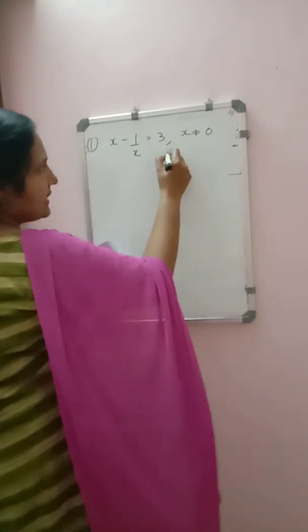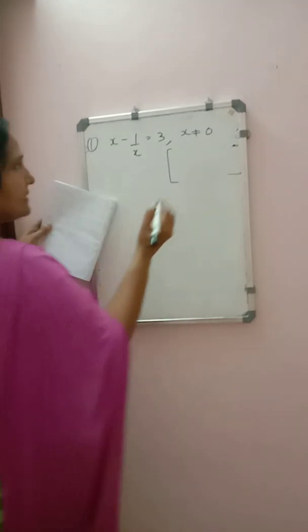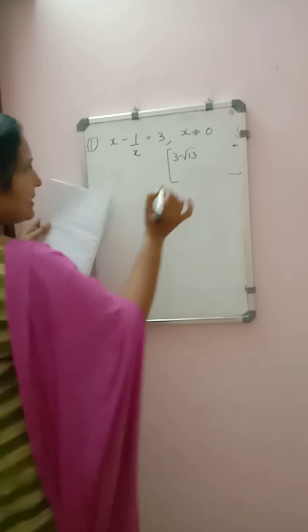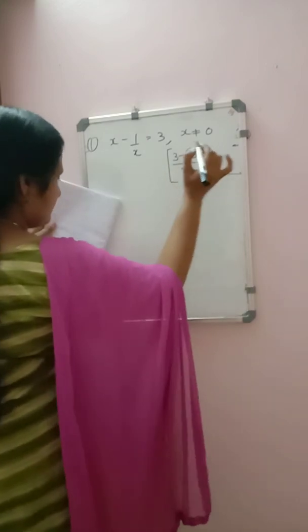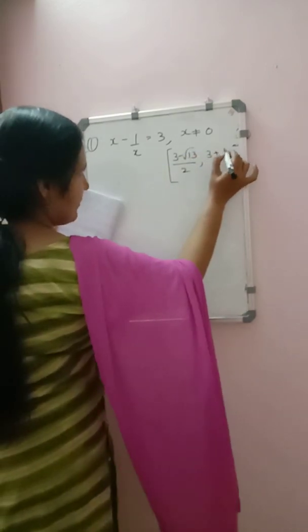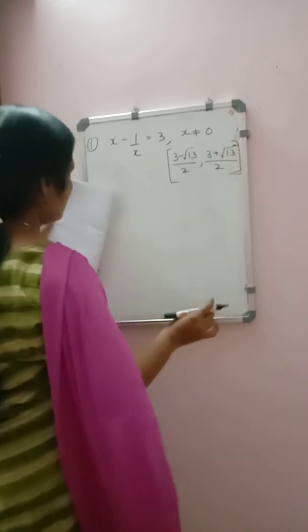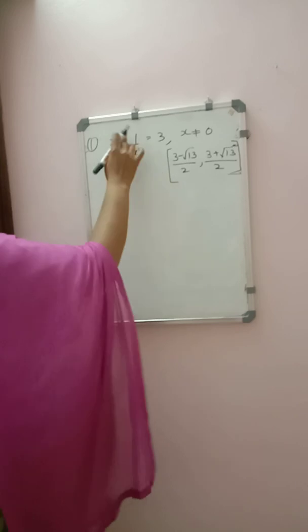I am writing the answers also, so that you can check, and if you are not getting the answer, you can send a message through WhatsApp. If any mistake is there, I will point it out. Solve the question and show the solution to me. This is the answer of the first one.